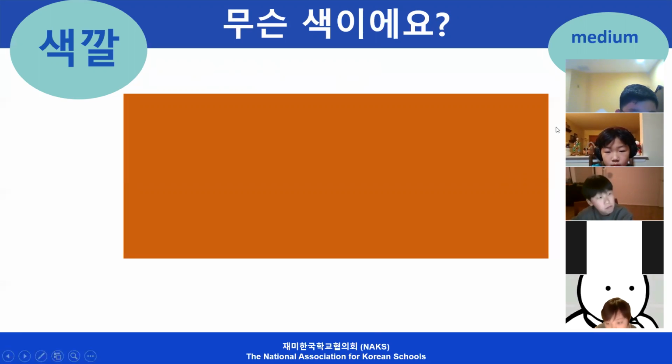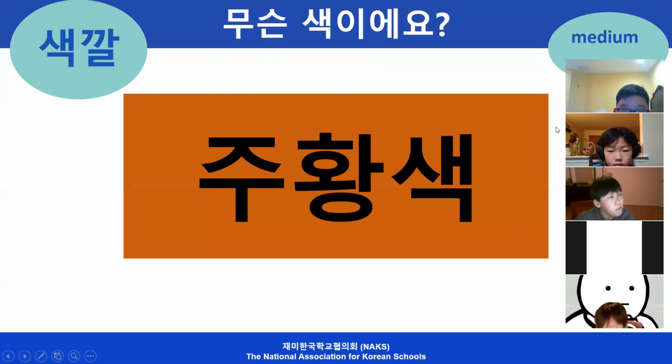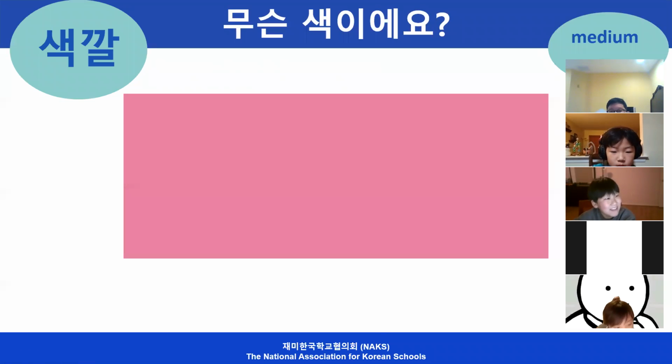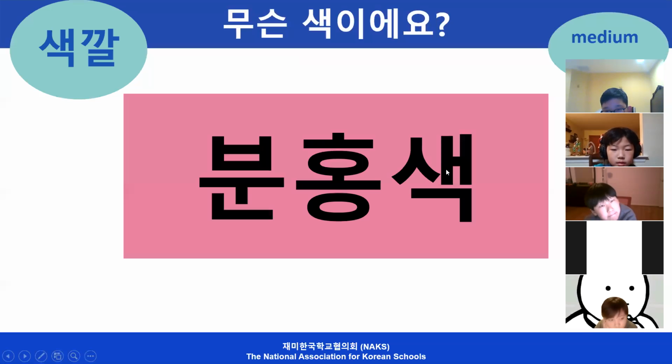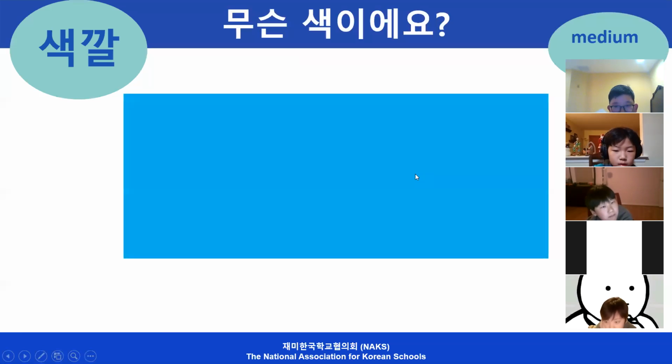It's 주황색. 주황색. Okay, Eden, what is this color? 핑색. No, we normally say pink색. Yeah, close enough though. In modern culture, we just say pink색. Okay. Simon, what about this one? Last one.